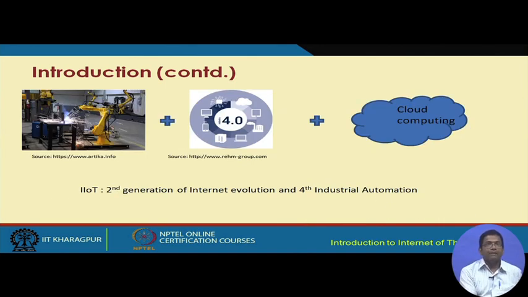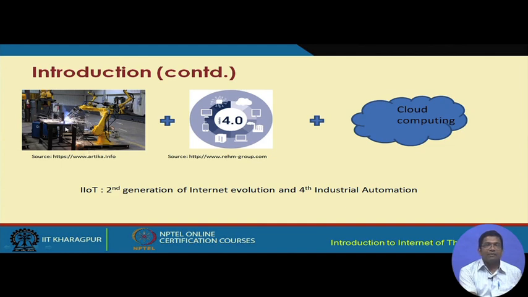So, when we talk about IIoT, it is about the fourth generation of industrial automation, that means Industry 4.0, clubbed with the second generation of internet evolution.